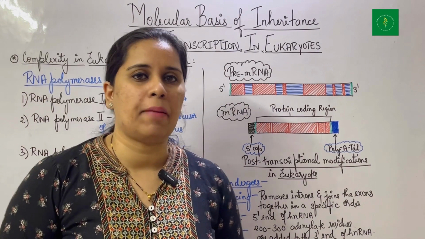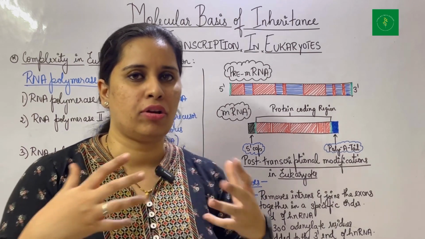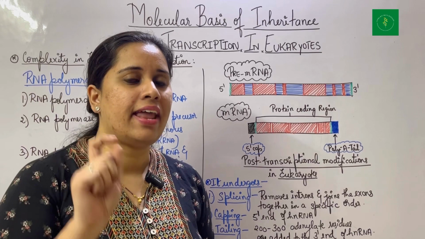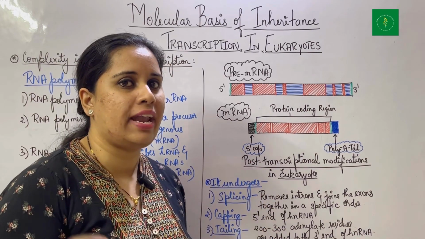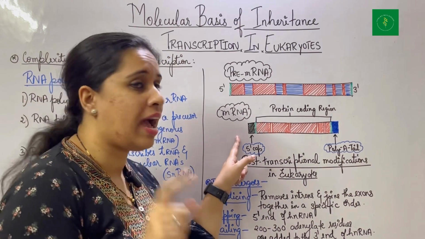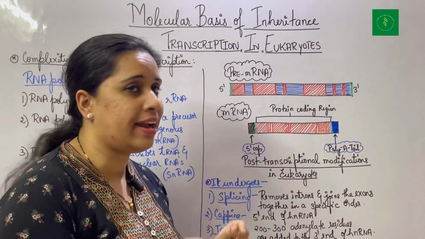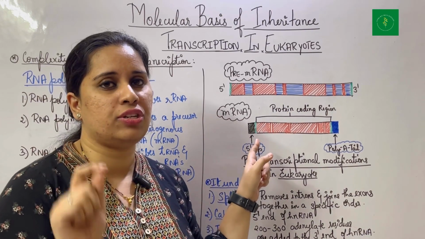The second step is capping. Once the pre-mRNA becomes functional, that is, introns have been removed, an unusual nucleotide is added to the 5' end, and that is called capping. You have to remember that the 5' cap is only added to the mRNA, or fully processed heterogeneous RNA.